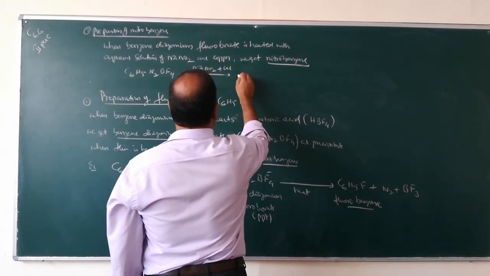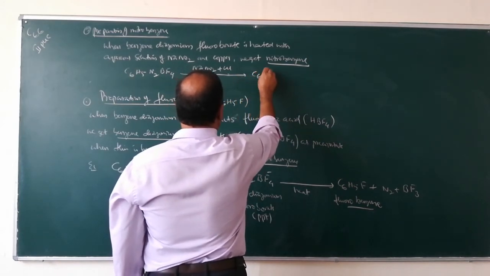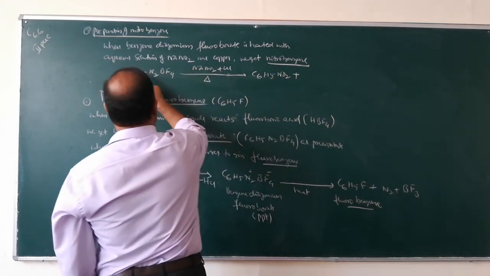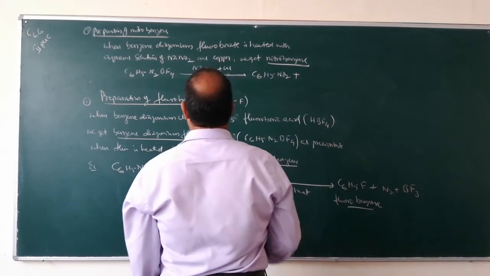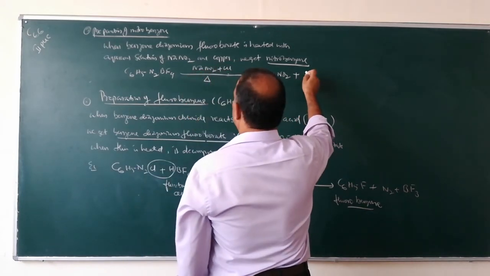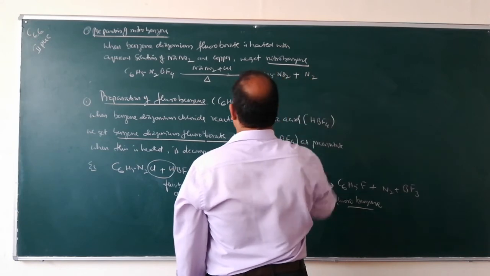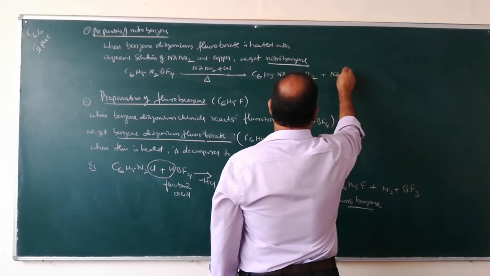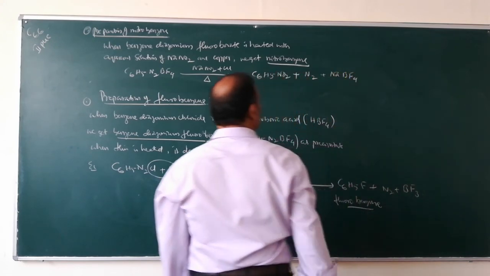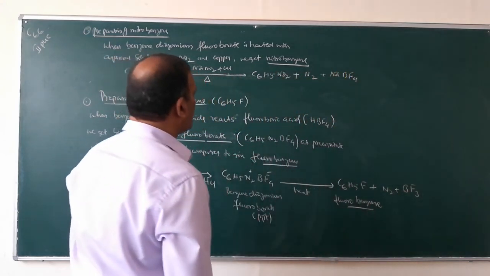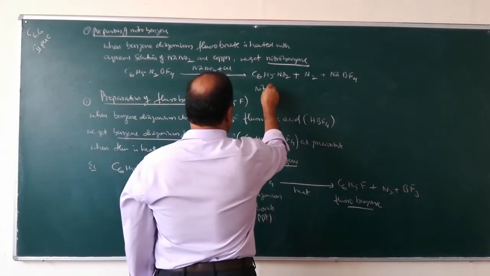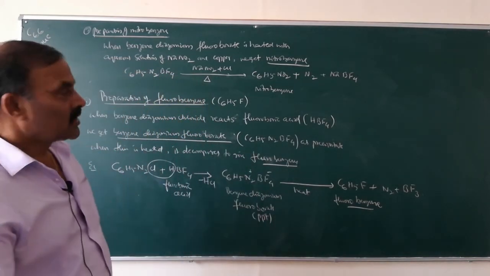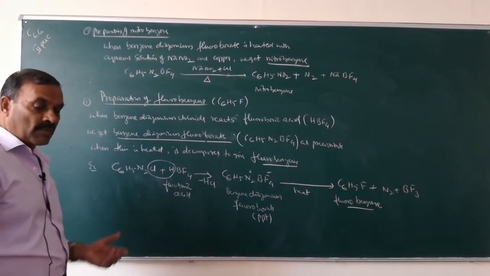So you will get C6H5NO2 plus N2 plus NaBF4, sodium fluoroborate. So this is nitrobenzene. So these are the synthetic applications.